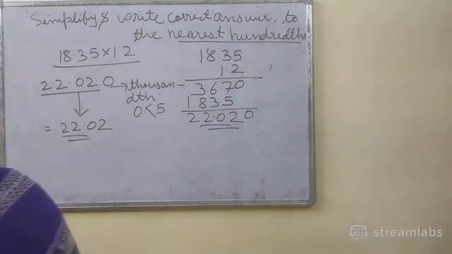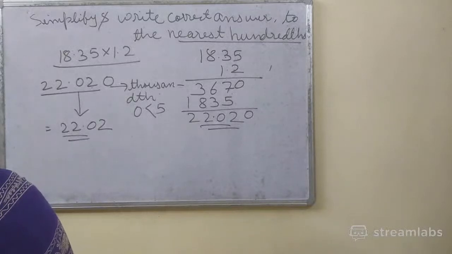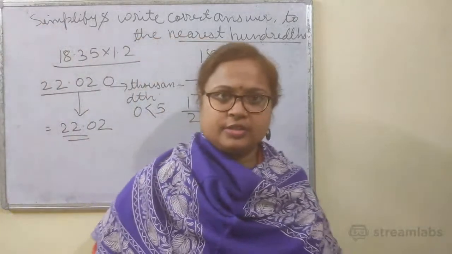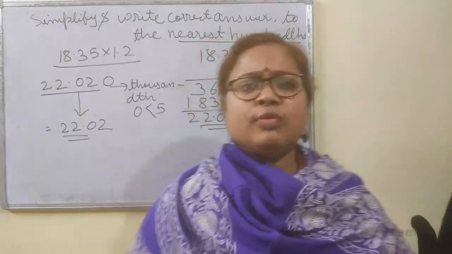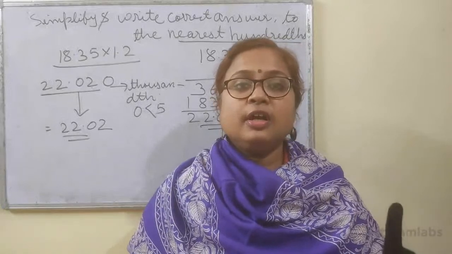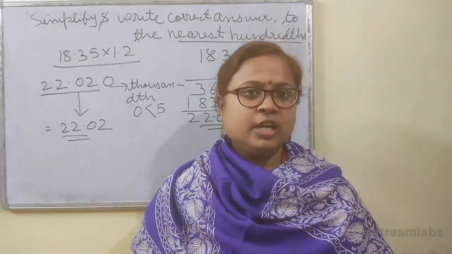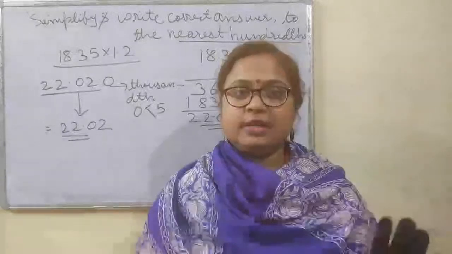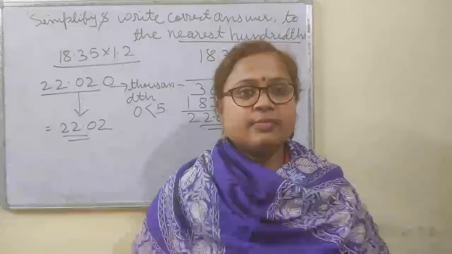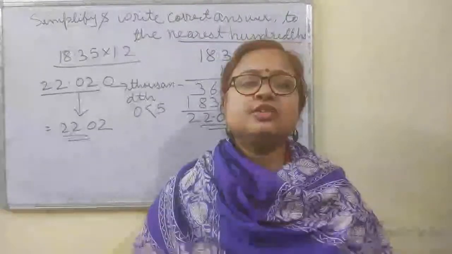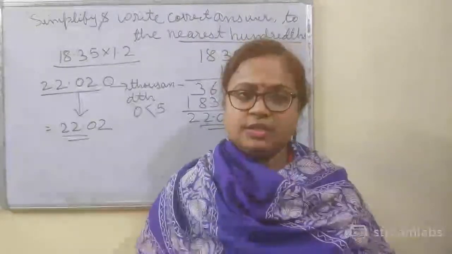Okay, now let's do the next one. Next I am going to discuss the significant figures. Clear? In significant figures, what happens? First thing, in significant figures ignore the decimal. If a decimal is present there, you don't have to consider it. Second, if the 0 is present before the number, then there is no value of that 0.